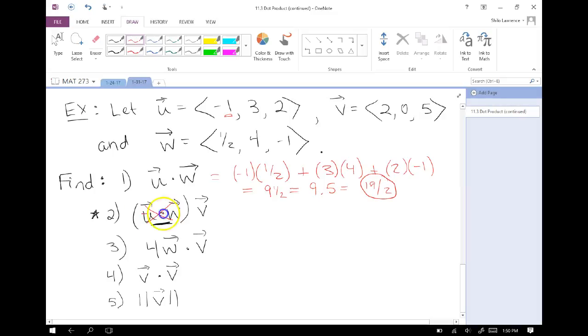So this piece right here, I know is 19 halves. So really number 2 is just asking us to do a scalar multiple, 19 halves times v. And the way that we do a scalar multiple is we just distribute the 19 halves to each piece.